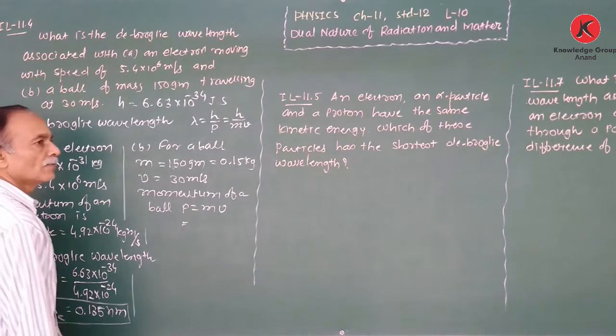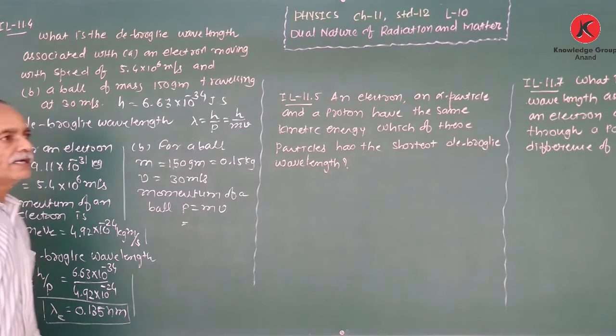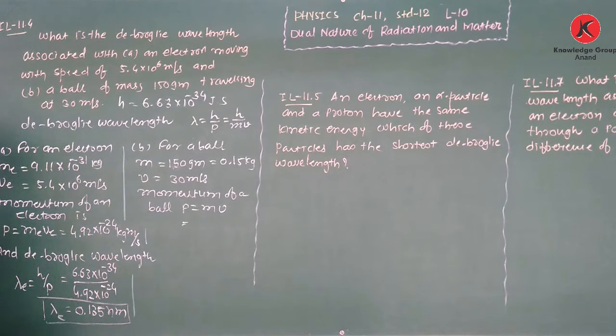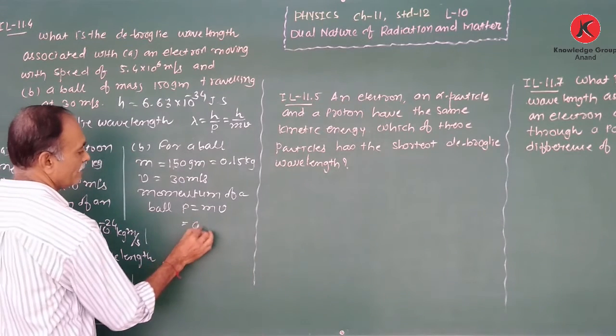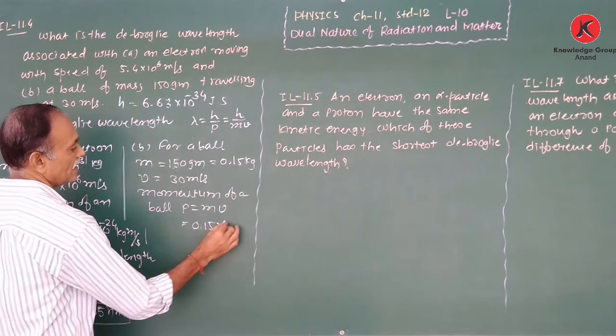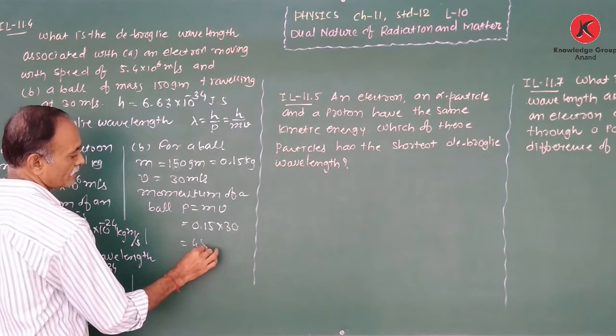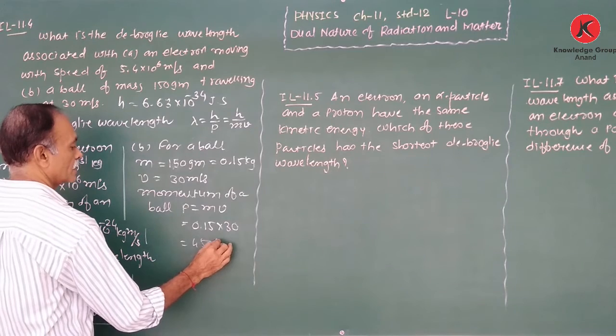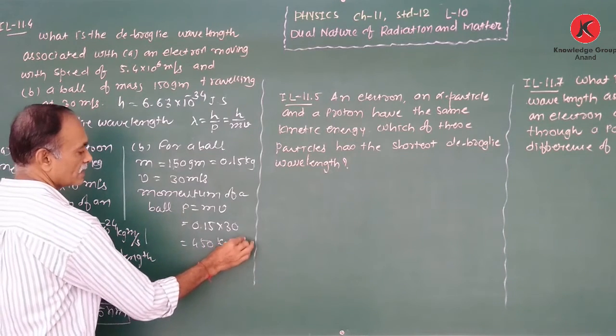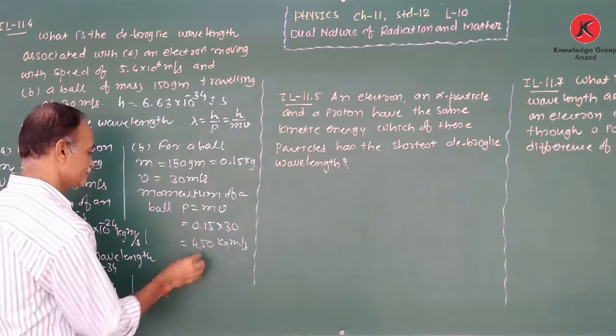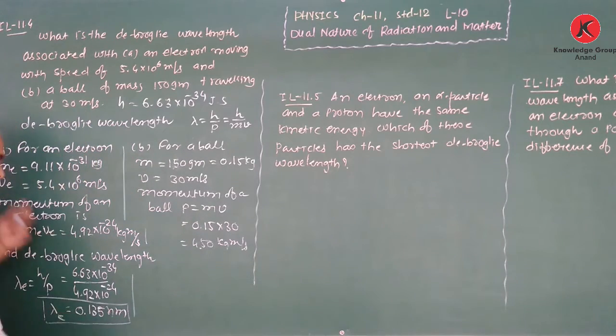So we can obtain the momentum of the ball: mass is given 0.15 kg, and that is 30 meter per second. Therefore, 4.5 kg meter per second. Calculate yourself the momentum.